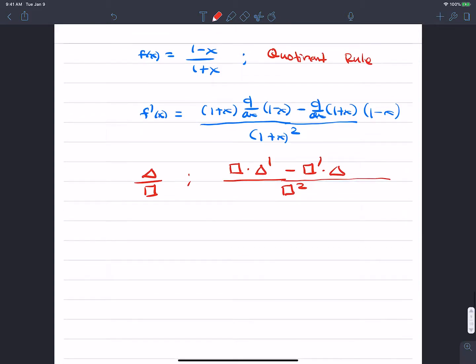So you might want to double check to make sure our quotient rule is really written down properly, okay? Because, let's double check. Yep, looks like we're okay.